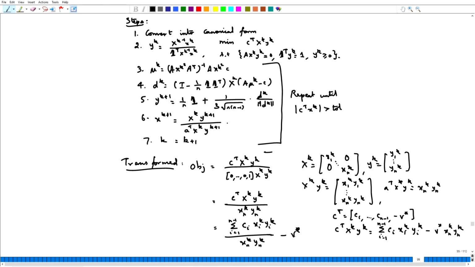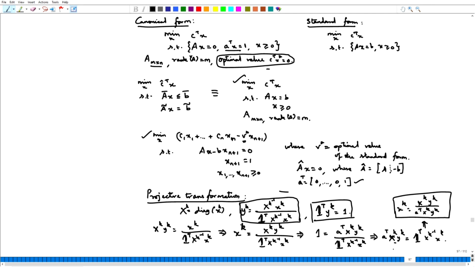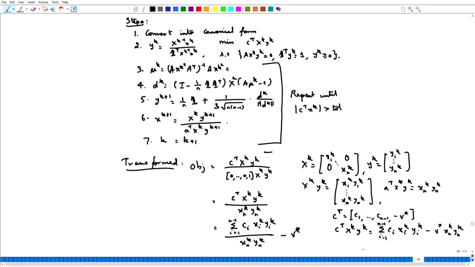This occurs because of the special structure of A that we have chosen here. The A transpose that we have chosen is of the form all zeros and a 1. Because of that, we can write the objective function in this particular form. If you are trying to minimize this, you can see that V star is a constant, so it can be thrown away. Minimizing this is equivalent to minimizing the numerator.